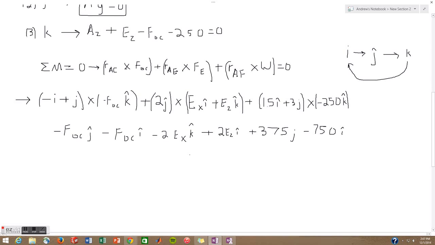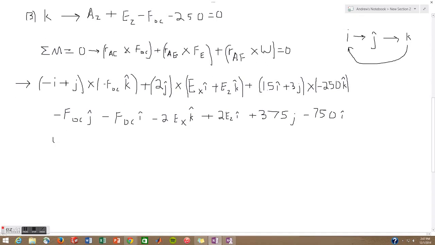So it's just like when we did the sum of the forces. We want to combine the components in the I, J, and K. So first for the I, we have FDC, and 2 EZ, and negative 750. So write this equation out real quick.